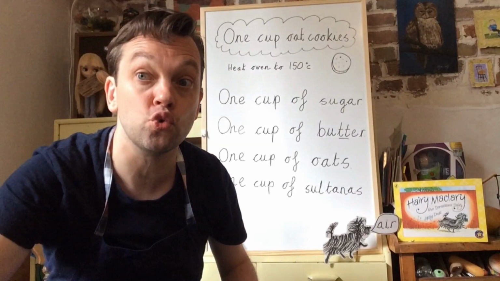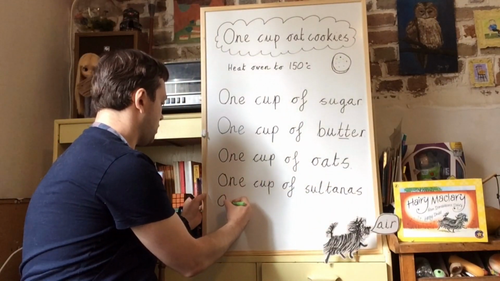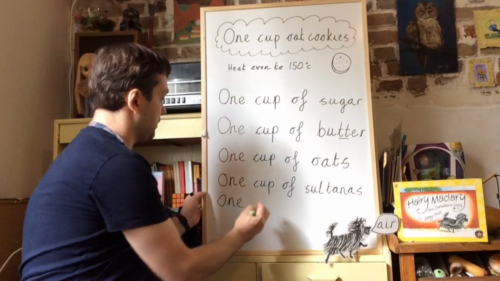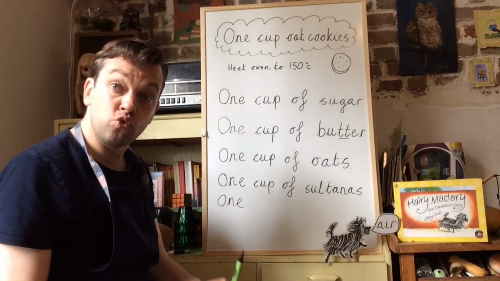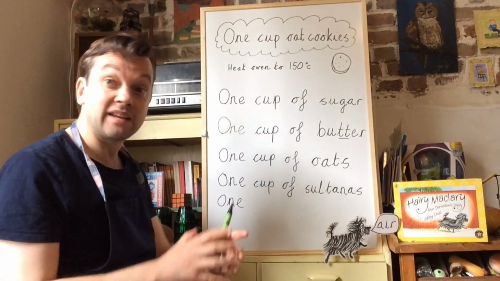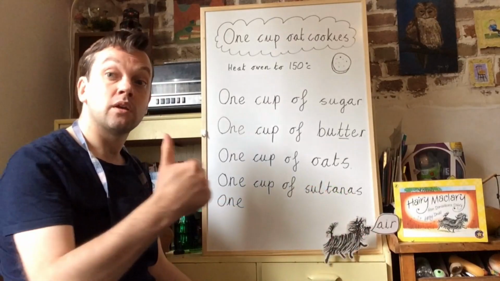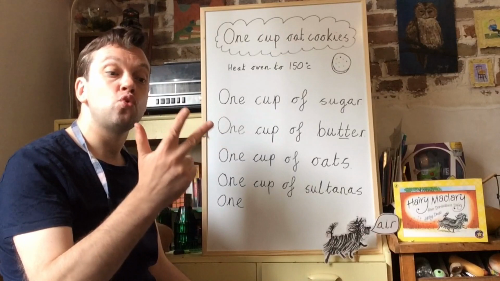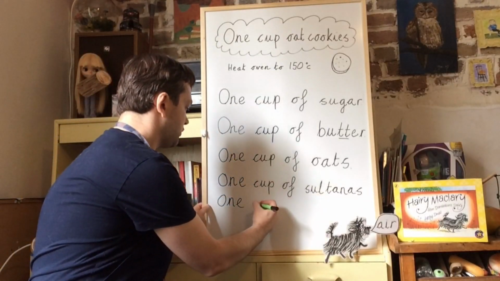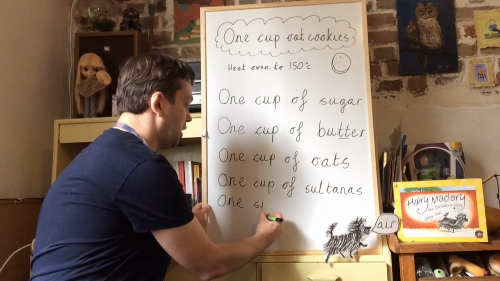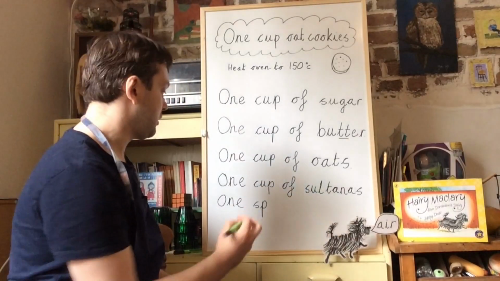1 spoon of milk. So 1, O-N-E. You see? 1. Spoon of milk. So not a cup, a spoon. Spoon. How do I write ooh?